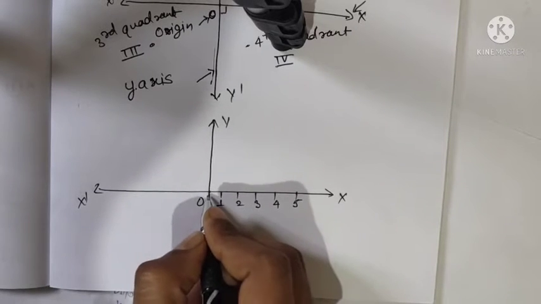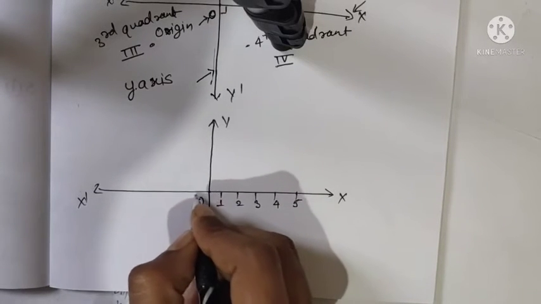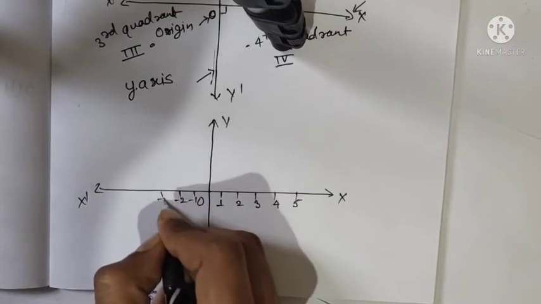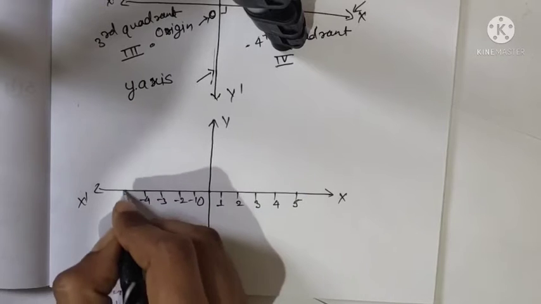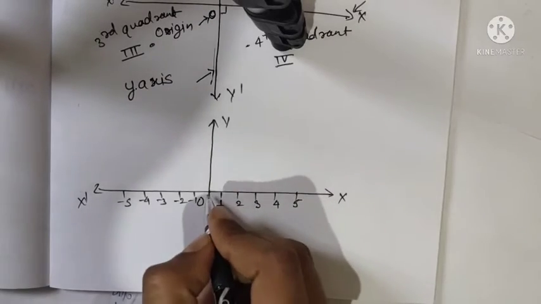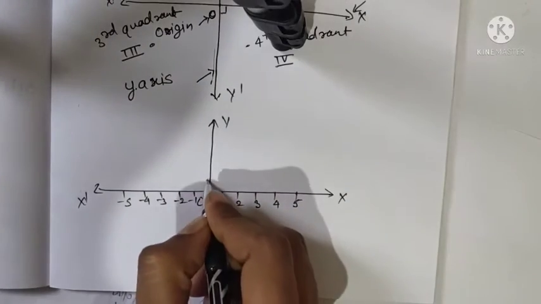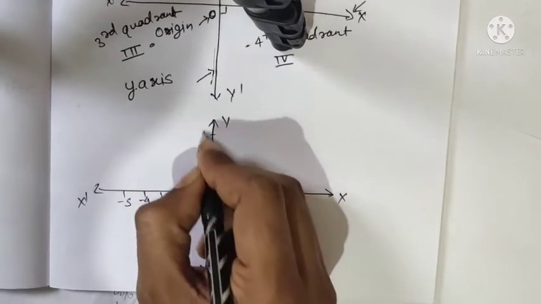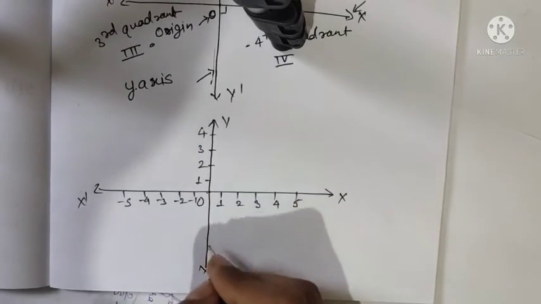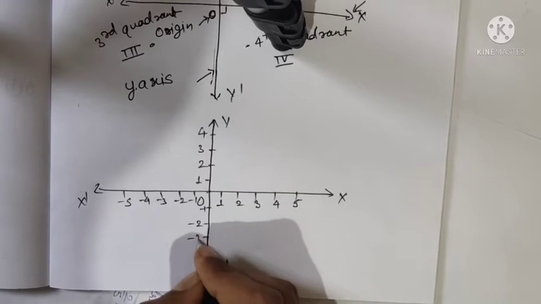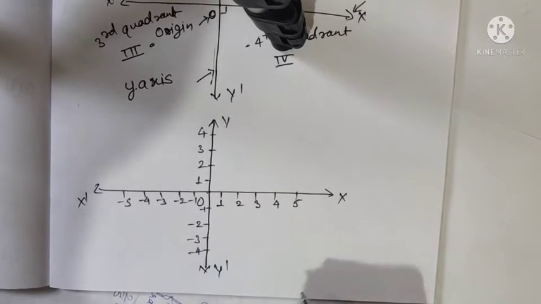And when we go left on the x-axis from the origin, then it will be negative numbers, that is -1, -2, -3, -4, -5, similar to a number line. Also, when we go up on the y-axis, then it will be positive 1, 2, 3, 4, and when we go down, then it will be negative -1, -2, -3, -4 and so on.